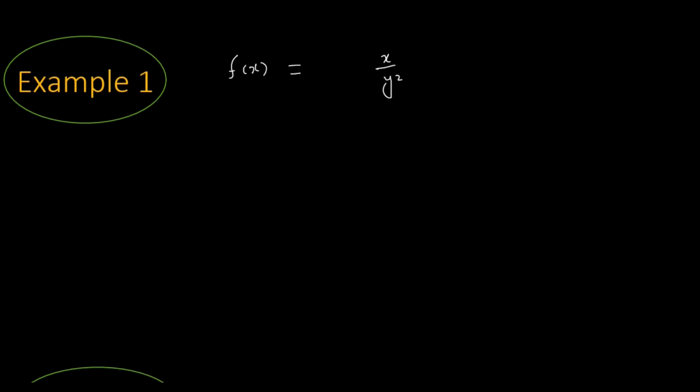Since we know that these two functions are dividing each other, and we want to find the f prime of x, you will write u of x and v of x.